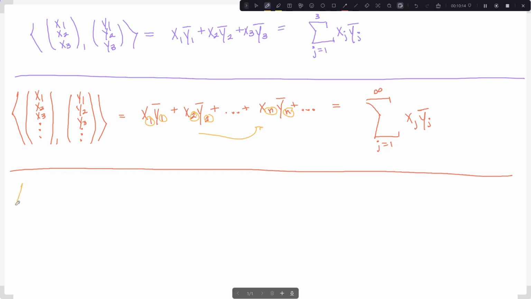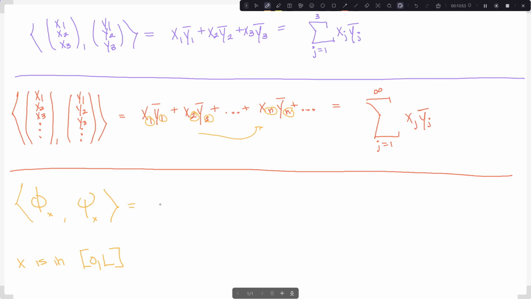Our inner product now becomes, and maybe I won't use x here because I would like to say x is in 0 to L, I'll say phi, and it's indexed by some element x, and psi, and that's indexed by some element x as well. Keep in mind, x is in 0 to L. So for each x in 0 to L, there's some number phi, and there's some number psi, and both of those are indexed by x.